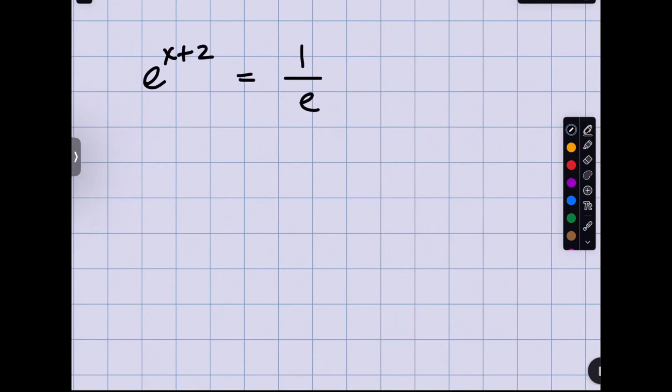Do these two, they don't cancel out? They cannot. Okay. They'll only cancel if you get it to be the same base.